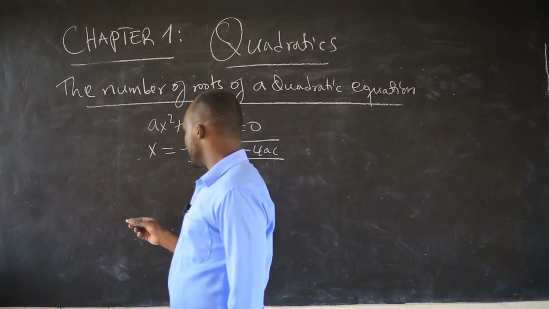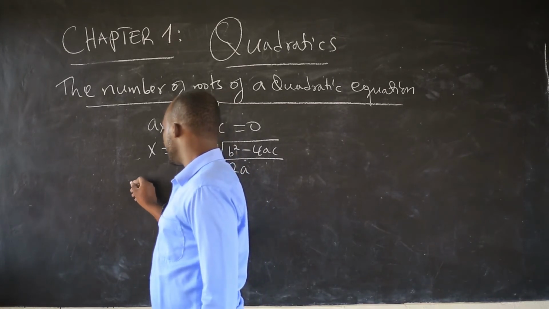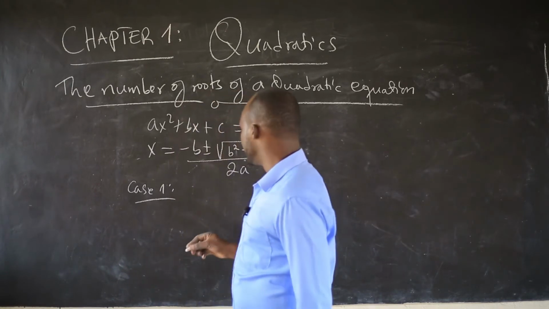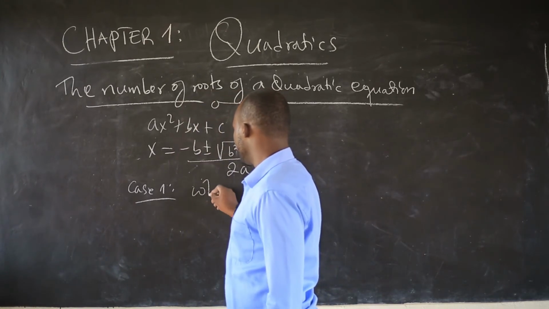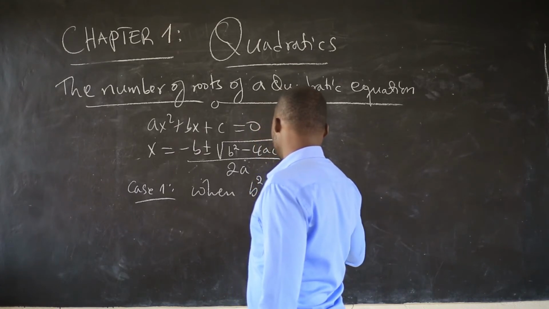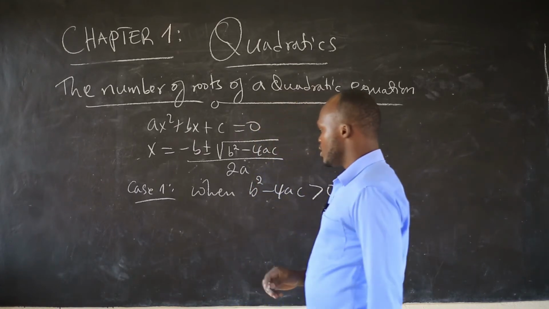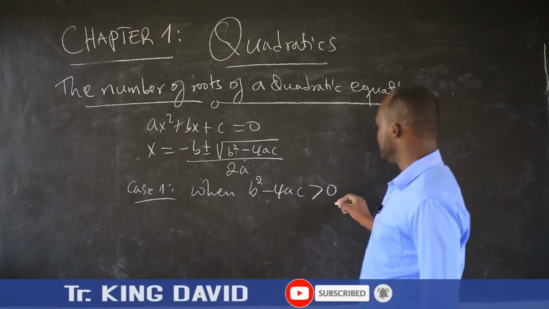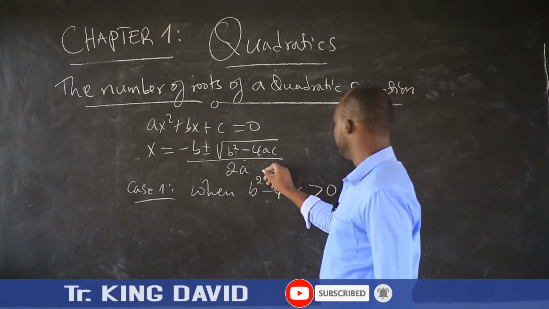We have three cases. For case 1, b squared minus 4ac is greater than 0. This is the discriminant, which is delta.